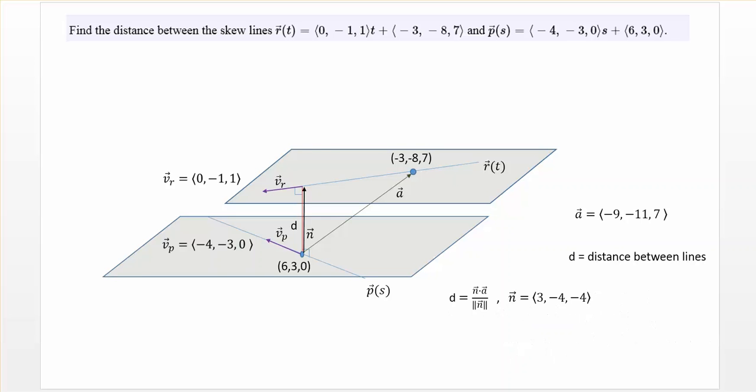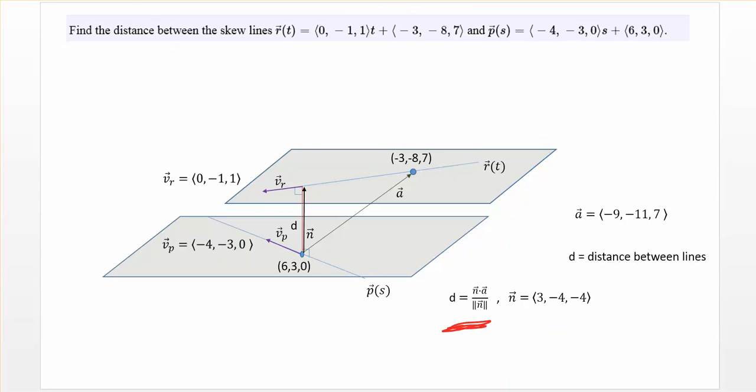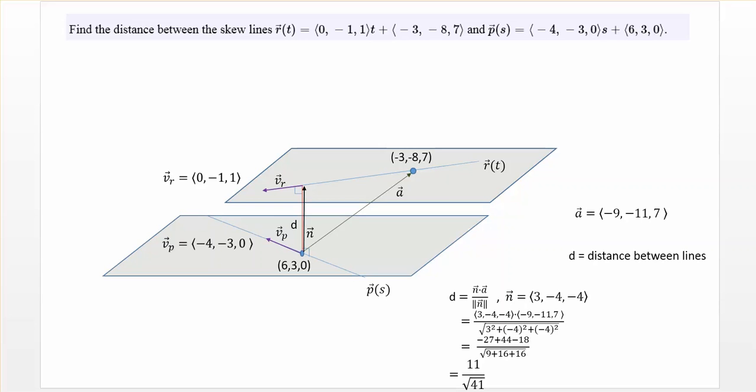So now we have a normal vector, and we have a formula to find the distance between the two planes by doing the dot product of the A vector and the normal vector divided by the magnitude of the normal vector. Here you go, the dot product divided by the magnitude. That's equal to this quantity, which simplifies down to 11 over root 41. And that's the exact answer.